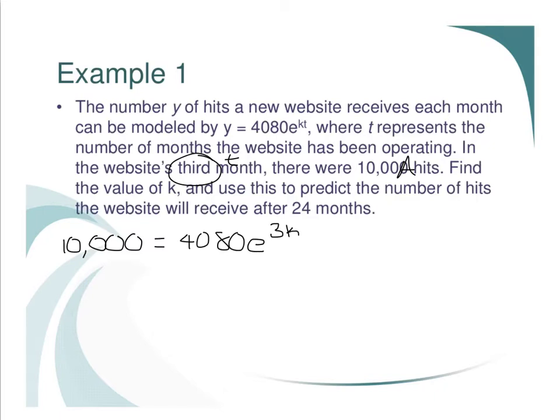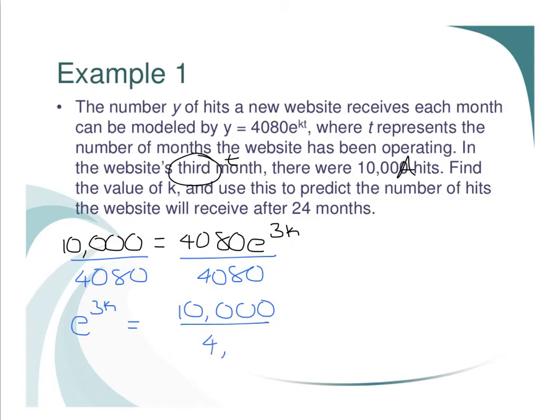Now I'm going to do what I did in my previous problem. A little less work here because they gave us the model, so they were nice. And now we're going to end up with e to the power of 3k equals 10,000 divided by 4,080. Introduce the inverse of e, which is ln. And then I'm going to be dividing by what, guys? 3k is approximately whatever I get here divided by 3, right?